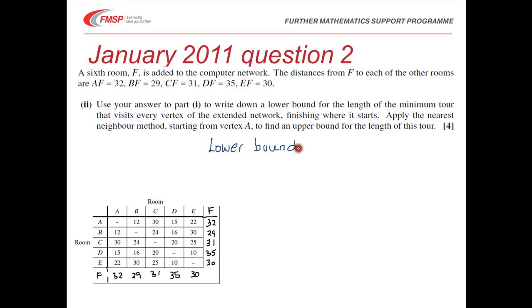So what we do for a lower bound is we delete a vertex. Let's just assume that we didn't have F, so that, if you like, is our deleted vertex.